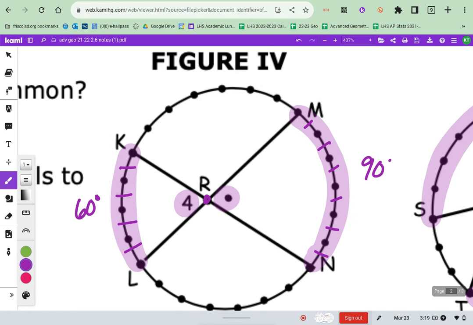That's 45. Double over. What do you think? 90 plus 60. I think it might be.